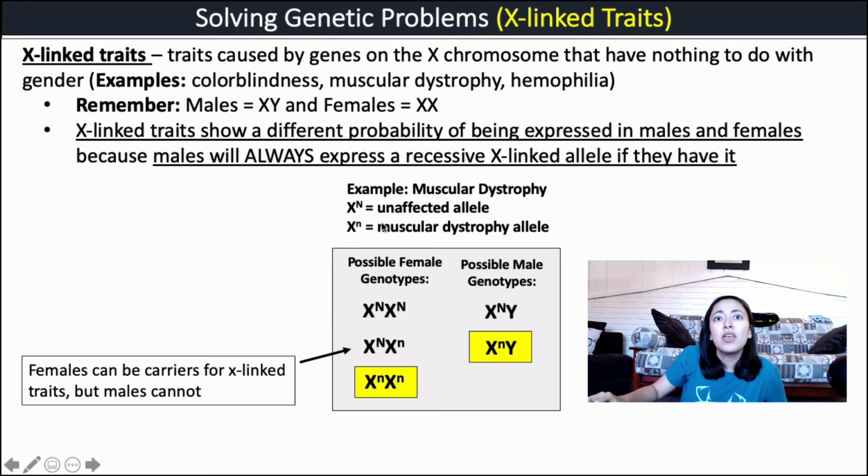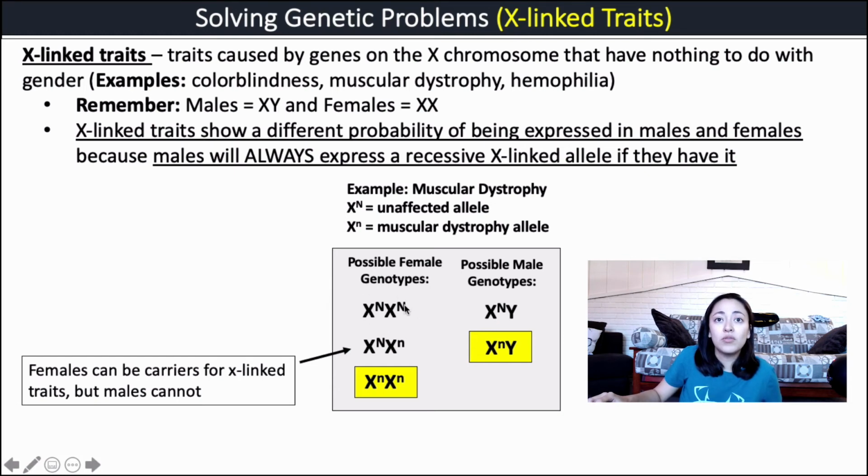In this case, the muscular dystrophy allele is recessive, so I would write X, signifying that this is a gene found on the X chromosome, and then a little n above it, signifying that this is caused by a recessive allele. The unaffected or healthy allele would be X with a dominant allele, big N. So what are the possible female genotypes that could exist?